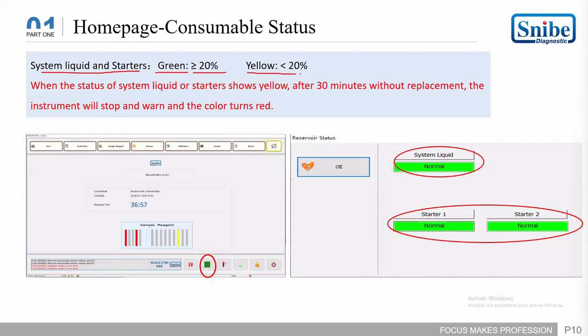If the amount is less than 20% for starters or for system liquid, it will be displayed in yellow color. But when the status of the system liquid or starters stays yellow for more than 30 minutes without replacement, without any action, the instrument will stop and warn, and the color will turn red.